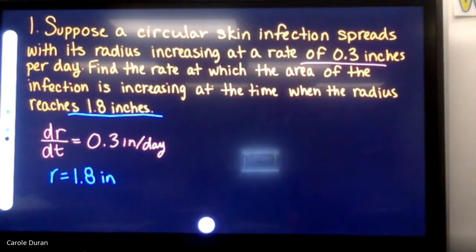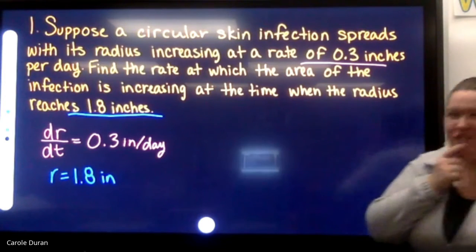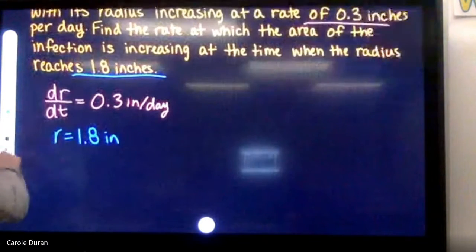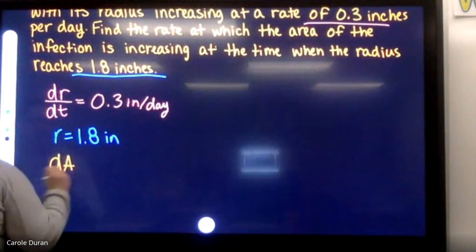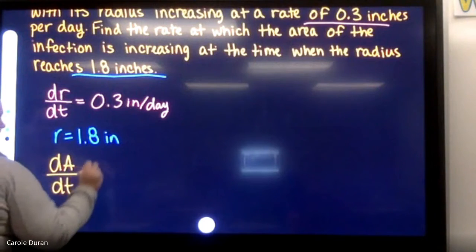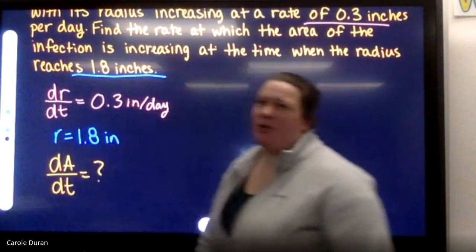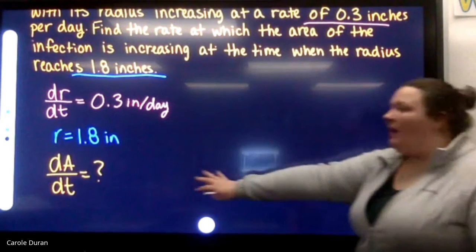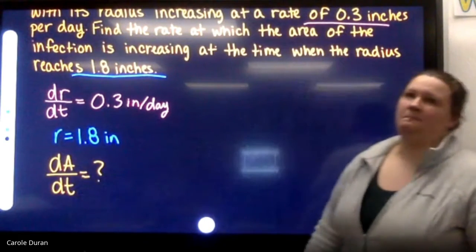The rate at which the area is changing in terms of time. So that's going to be dA dt, and that is my unknown. So I'm going to put a question mark next to that, which means I have solved my problem when I have found this rate of change for the area.